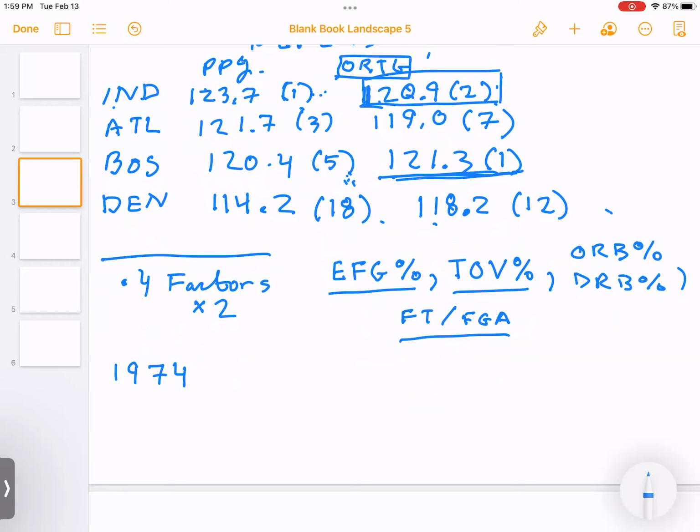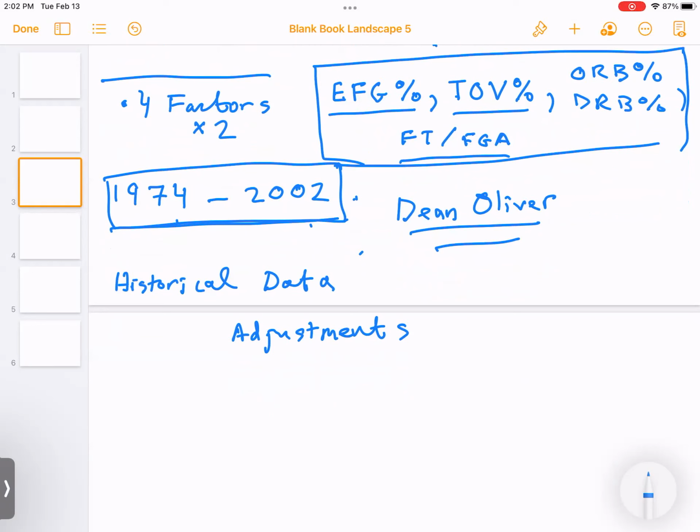So when you look at historical sports data or any kind of historical data, you want to make adjustments. Adjustments are usually required, especially in basketball, it seems really clear. So adjustments for changes in the game.